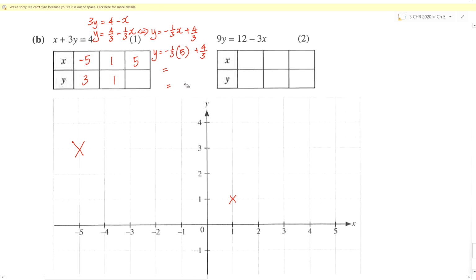How about if I choose x value of 4? Now we have negative 4 over 3 plus 4 over 3, which is 0. Okay, that is convenient. So when x is equal to 4, y is equal to 0. So here are my 3 points. Join them up. Label x plus 3y equals to 4.